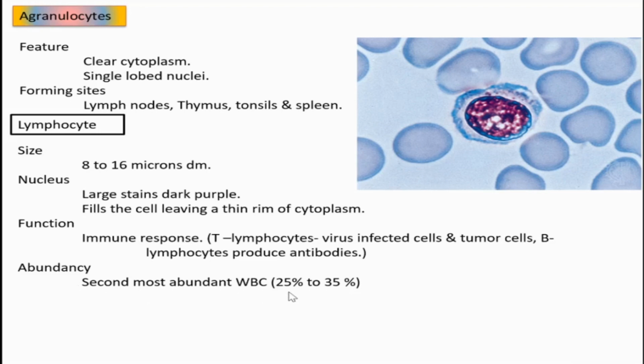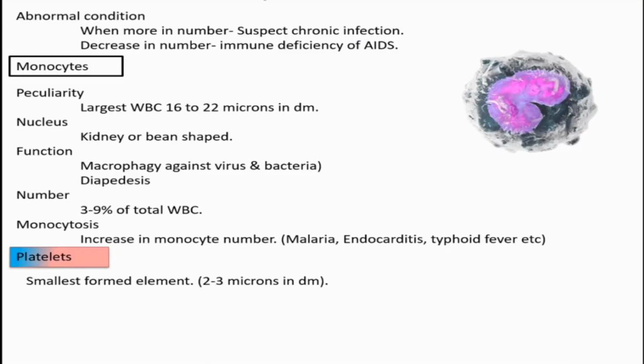It accounts for 25 to 35% of the total amount of WBC in the body. In abnormal condition, if its number increases above the normal value, that person is suspected to have chronic infection. And if its number falls below the normal value, that indicates an immune deficiency condition, maybe AIDS.